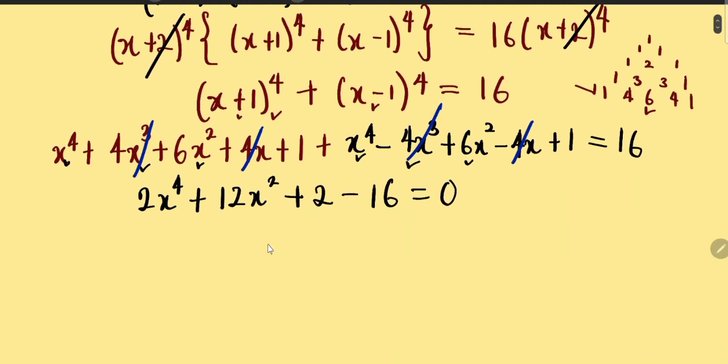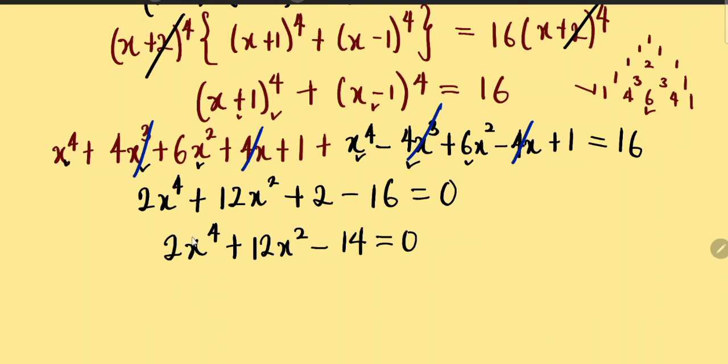So this is a polynomial. From what we are seeing here, let's simplify this. We have 2x raised to the power 4 plus 12x squared minus 14 is equal to 0. So we look for a way of factorizing this, but take a look at this polynomial equation. We can see that we can easily reduce it by dividing through by 2.